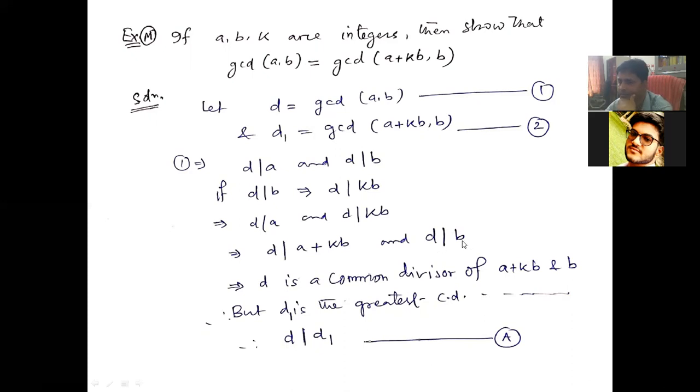And d divides b, it is given, you see from 1. So we proved d divides a plus kb and d divides b. So what does this mean? d is a common divisor of a plus kb and b.